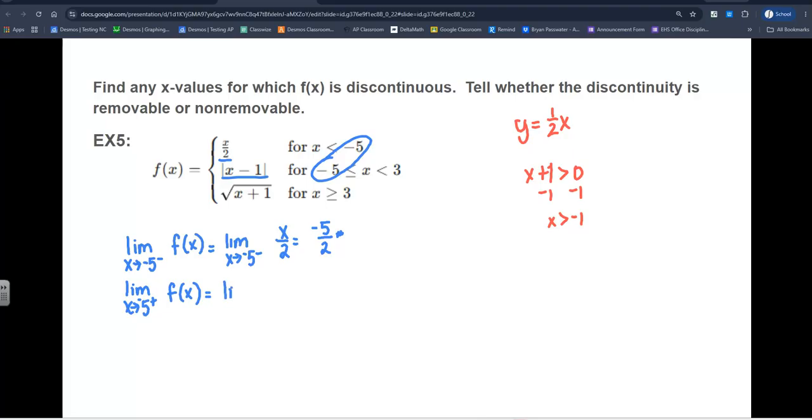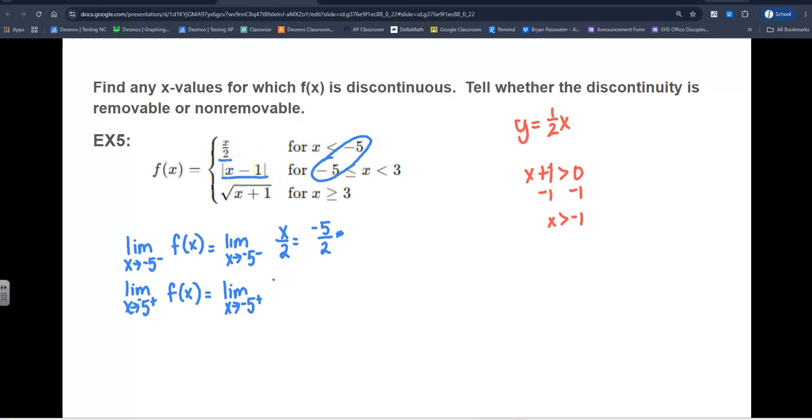Okay, which function are we going to use for that one? Top, middle, bottom. Not bottom, because it's the ones that involve -5, right? Does the bottom one have anything to do with -5? No. So we're going to use the middle one, right?